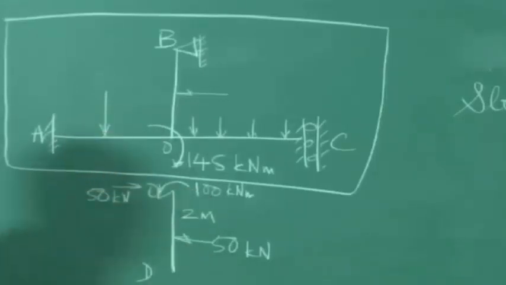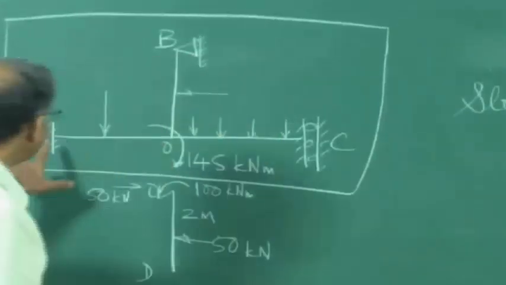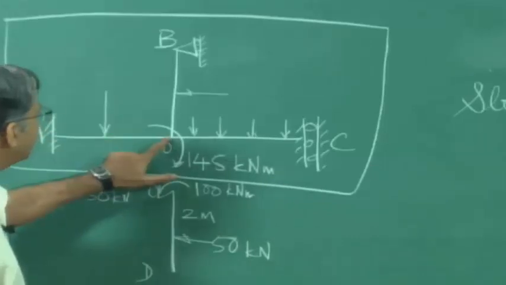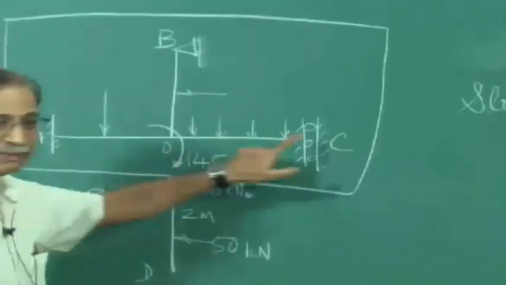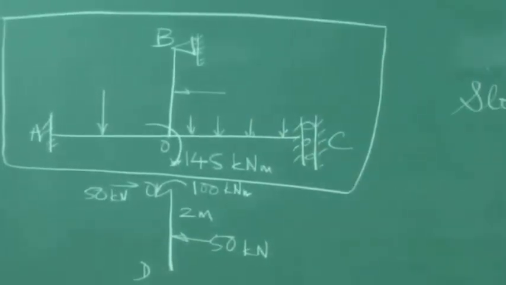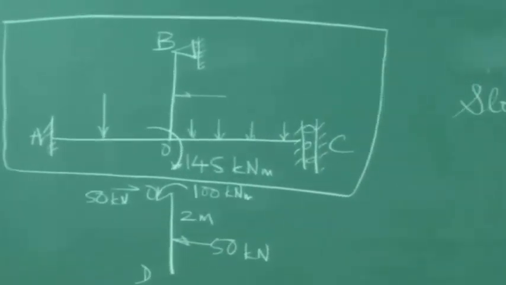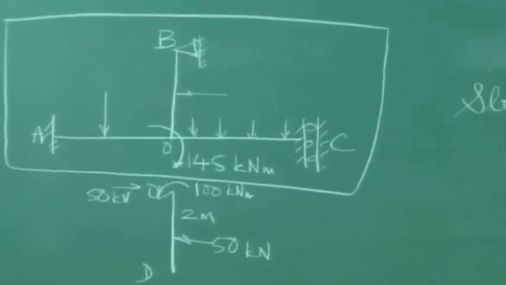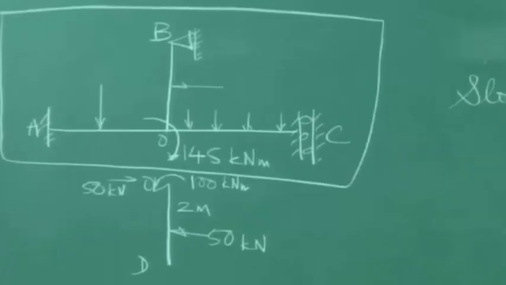How do you solve this problem? Well, first let's find the fixed end moments you need to find for this element, and for this element. Do that. I think I have the solutions here. That's the horizontal AO element.